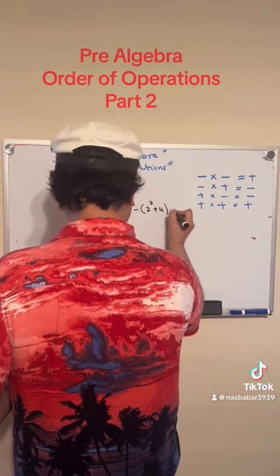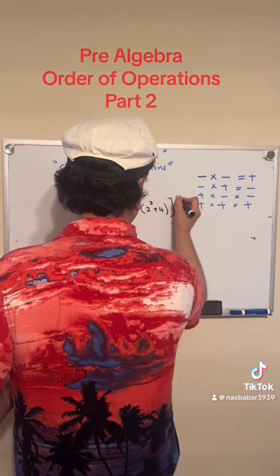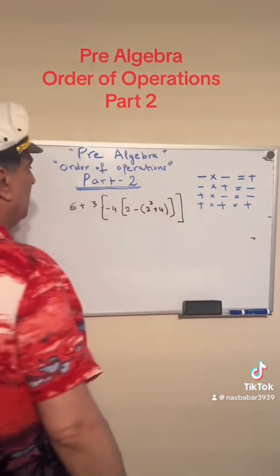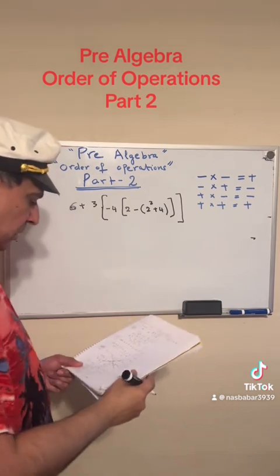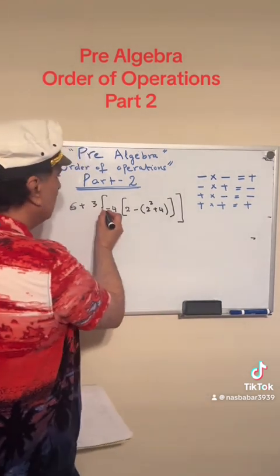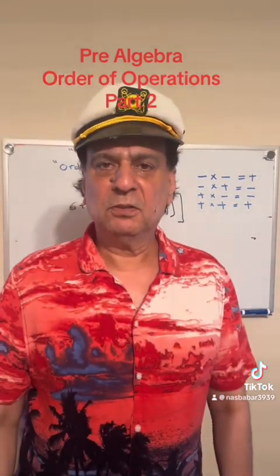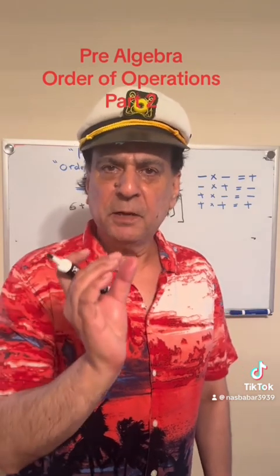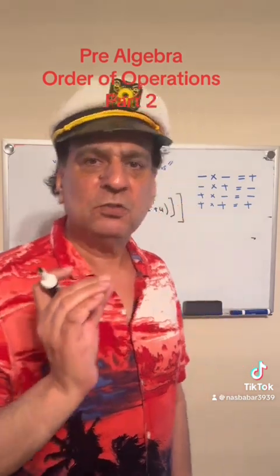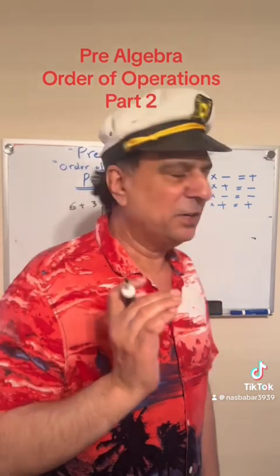Parenthesis close, this parenthesis close, and the big parenthesis close. Now you look at it and you say, oh my God, this seems really complex, but it's not. If you break it up by rules, you will see that it is not hard at all.